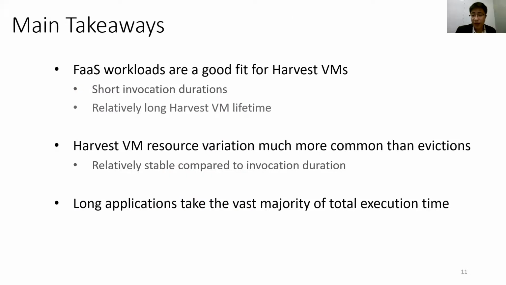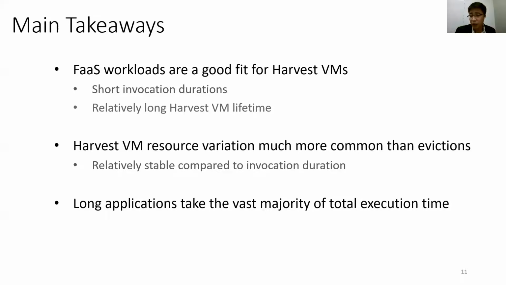To summarize, the main takeaways from the characterization study are threefold. First, intuitively serverless workloads are a good fit for harvest VMs because most invocations are short and thus safe against VM evictions, and also because VM evictions are relatively infrequent. Second, harvest VM resource variations are much more frequent than evictions, requiring proper load balancing to fully leverage the resources.